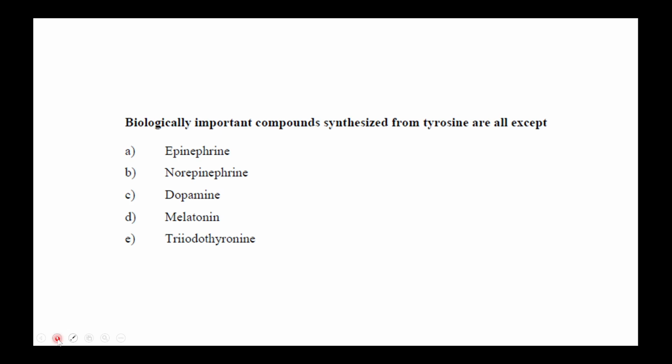Option B, norepinephrine. Option C, dopamine. Option D, melatonin. And option E, triiodothyronine.